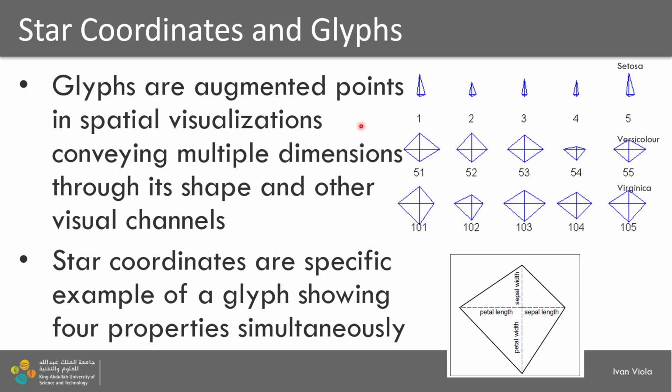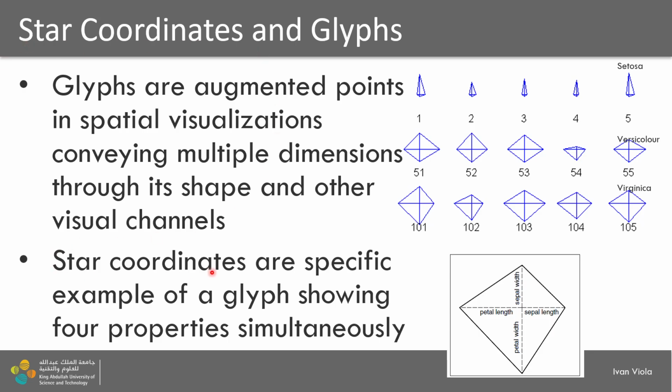And we can see that these glyphs can have different designs, and they can convey multiple dimensions through their shape and other visual channels. So it could be based on color, shape, or various geometrical elements. And under this category, one type which we will discuss is the star coordinates.